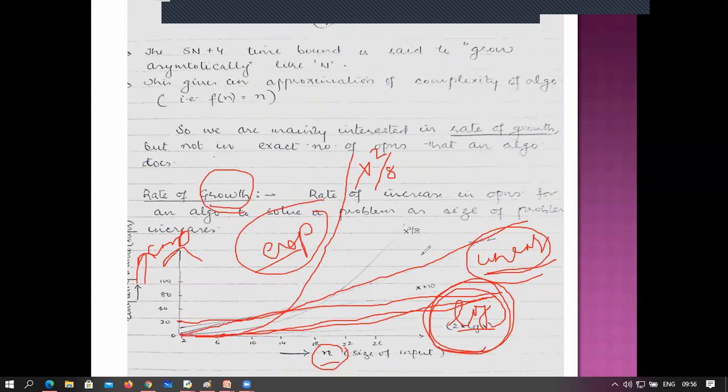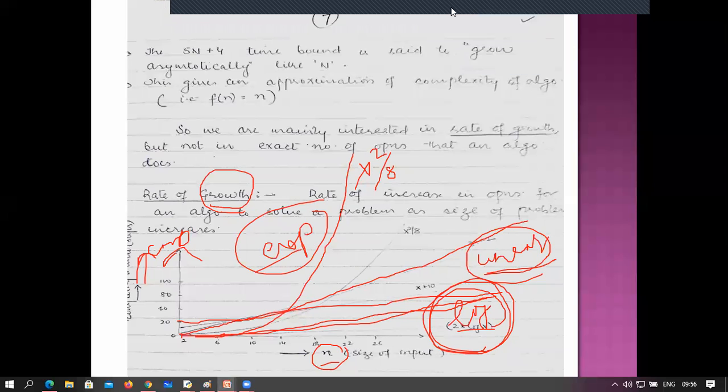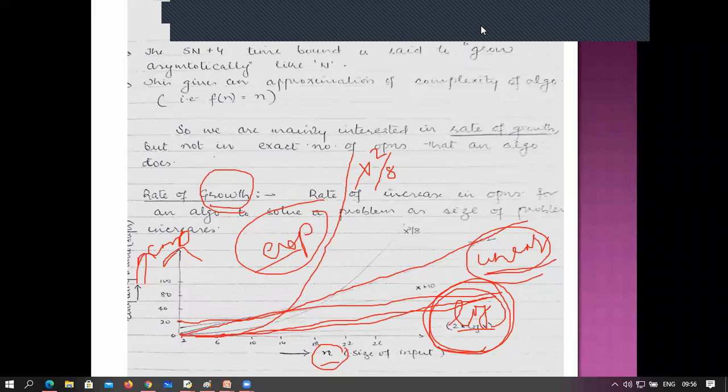Just like this, there are many other classes into which you can place your algorithm. Your algorithm may have logarithmic complexity, it may have linear, or it may have exponential complexity. So what are those different classes? I will tell you about those then.